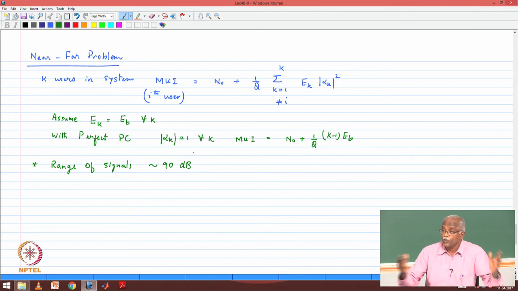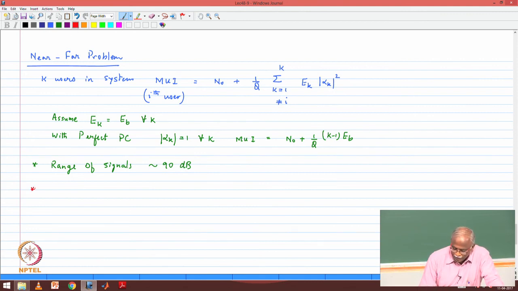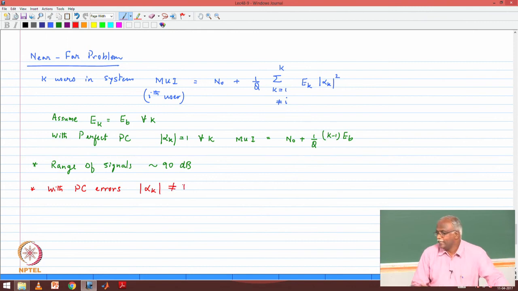Your power control range is actually in a 90 dB range. You can ask somebody to go up by some amount, come down, the total dynamic range of your power control is very, very large. Now, when you have a practical system, power control may not be perfect. So, with power control errors, how is it going to manifest? It is going to manifest saying that the assumption that all alpha_k equal to 1 does not hold. That is going to be the practical understanding of the situation.